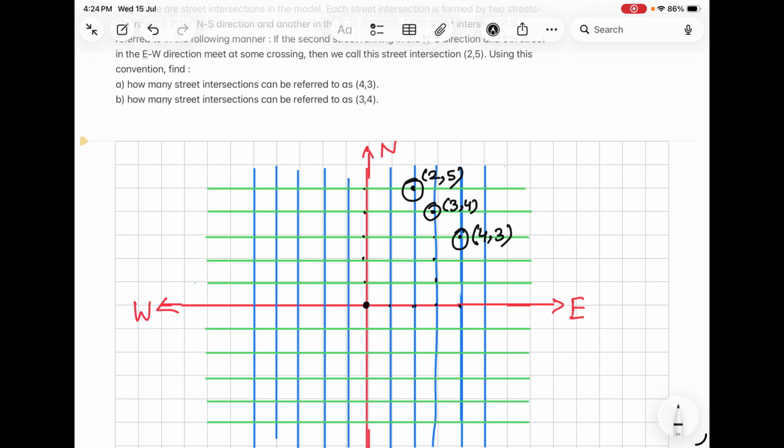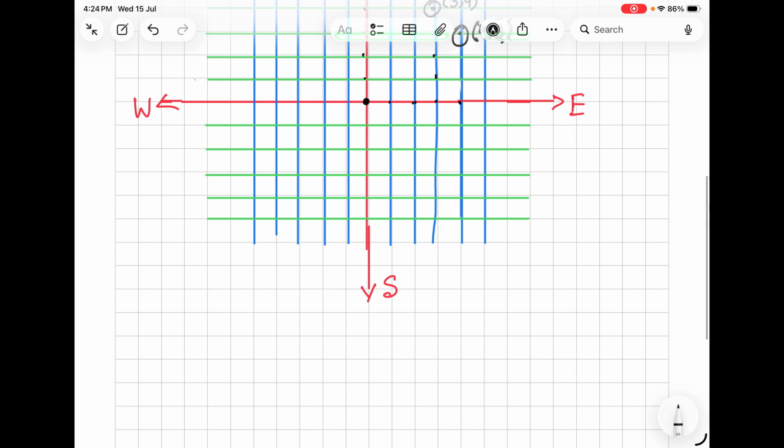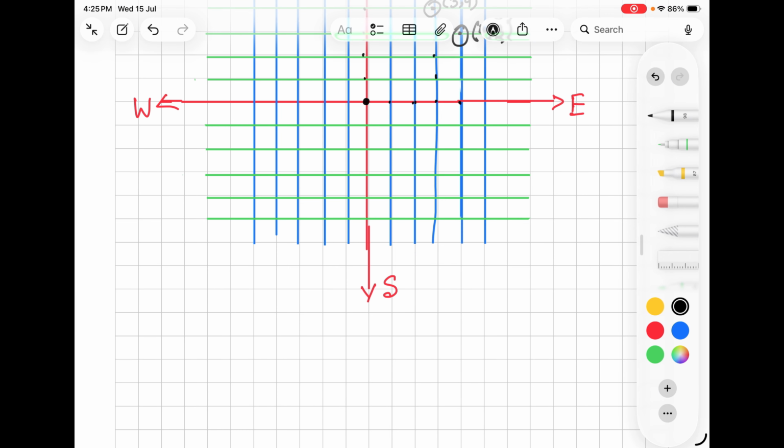So the answer to part A: how many street intersections can be referred to as 4-3? Only one. And part B: how many street intersections can be referred to as 3-4? Only one. So we just write it like that.